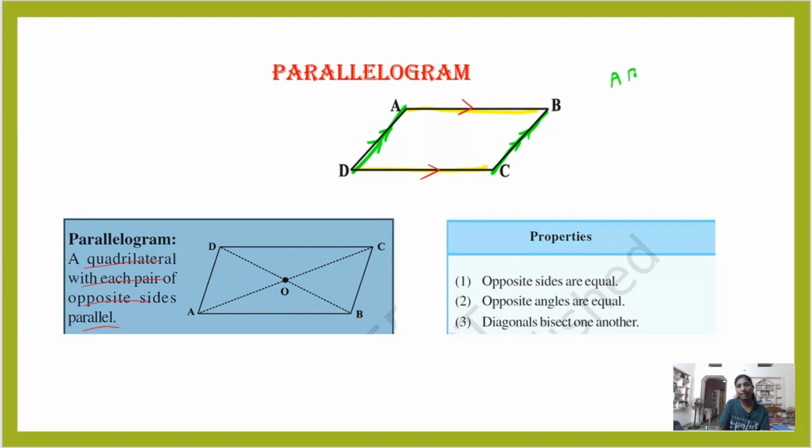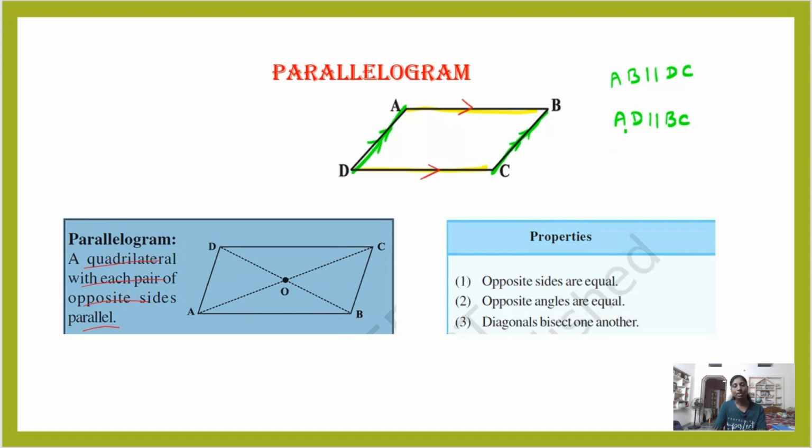AB is parallel to DC and AD is parallel to BC. So here each pair of opposite sides is parallel. So it is a parallelogram.